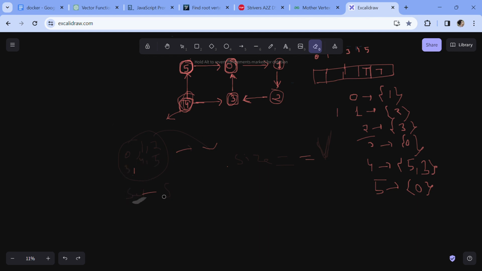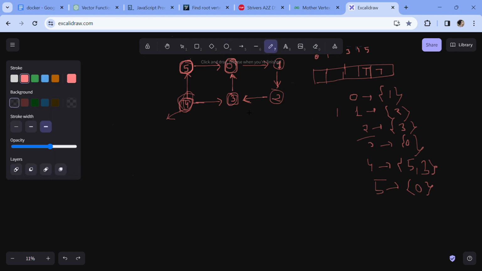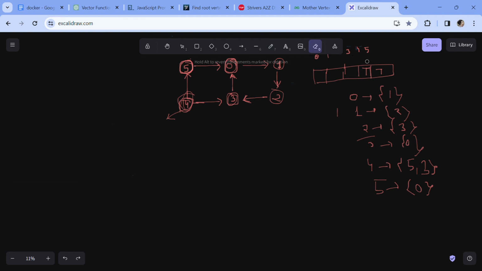So in the previous approach, what I have not explained is that after making DFS calls from each node, we have to recheck that particular node.